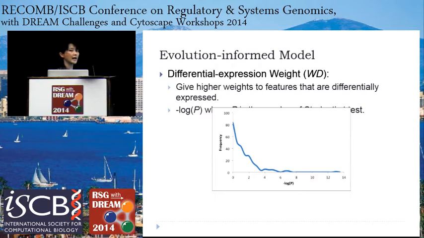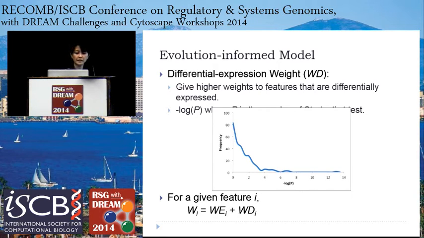Most of them are not differentially distributed, and a small subset of them have significance. And this is the differential weight. I combine the evolutionary weight and the differential weight to give me a final weight for each feature.